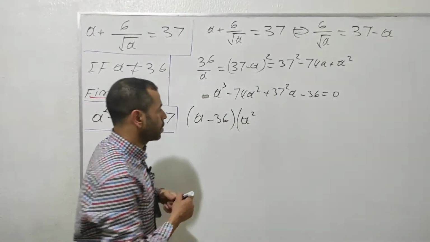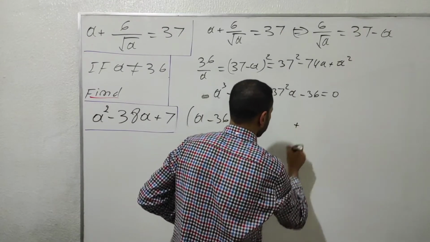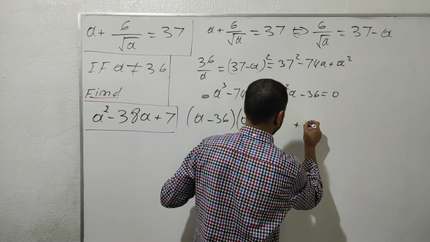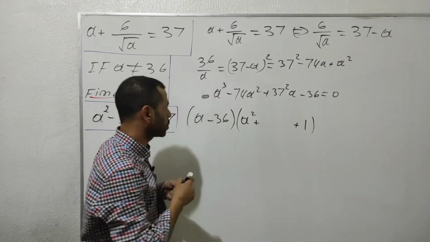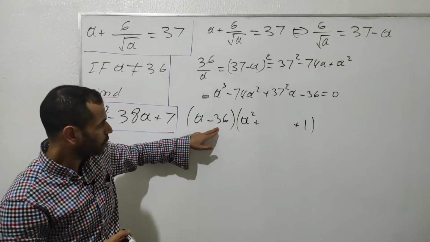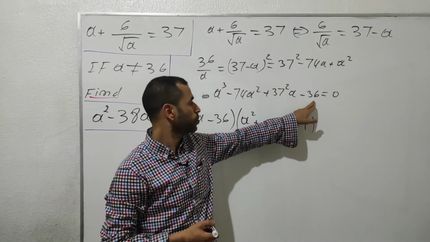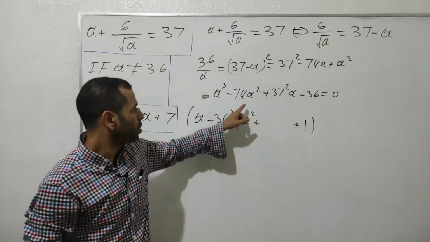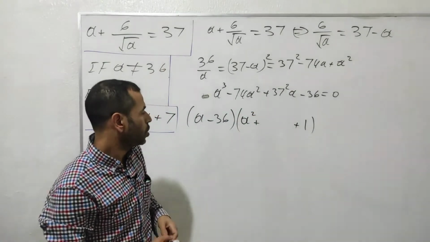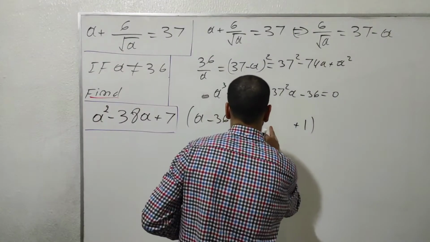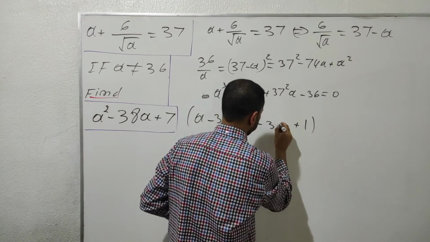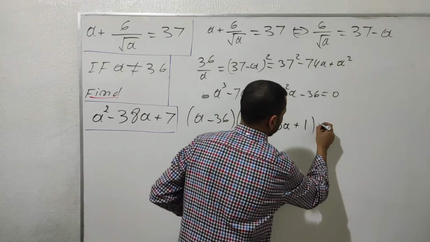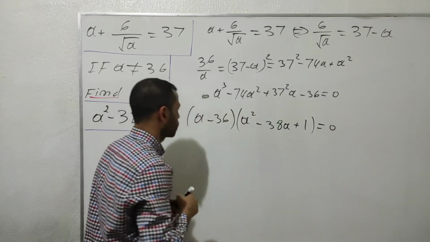Plus something we don't know about, plus the last term must be equal to 1, because if you distribute the last term, it is given as minus 36, which is okay. So I need to figure out the middle term. By guessing or matching term by term, you will find here minus 38a plus 1 equals 0.